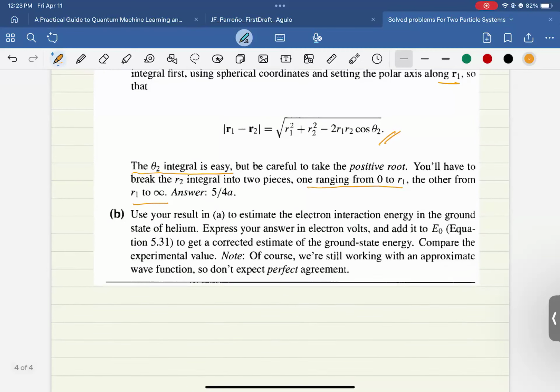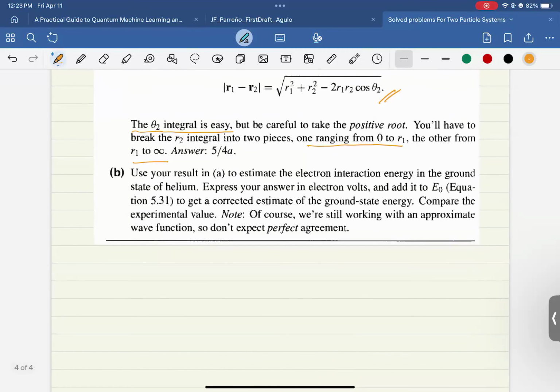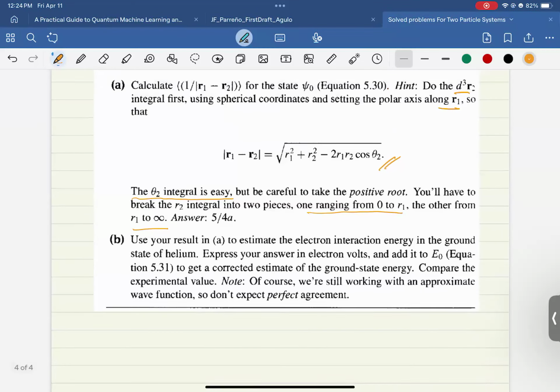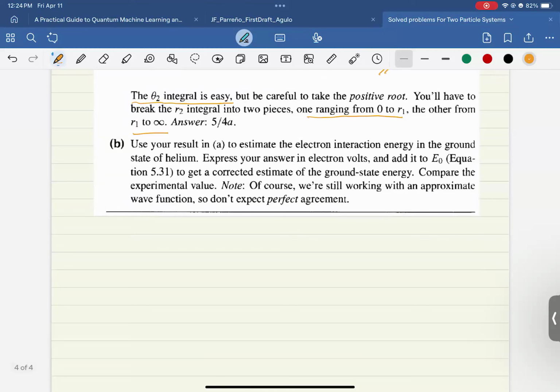Okay, and then sa letter B, use your result in A to estimate the electron interaction energy, okay, in the ground state of helium. Okay, express your answer in electron volts and add it to E naught to get a corrected estimate of the ground state energy. Okay, and then compare the experimental value. Okay, so yun yung task natin dito.